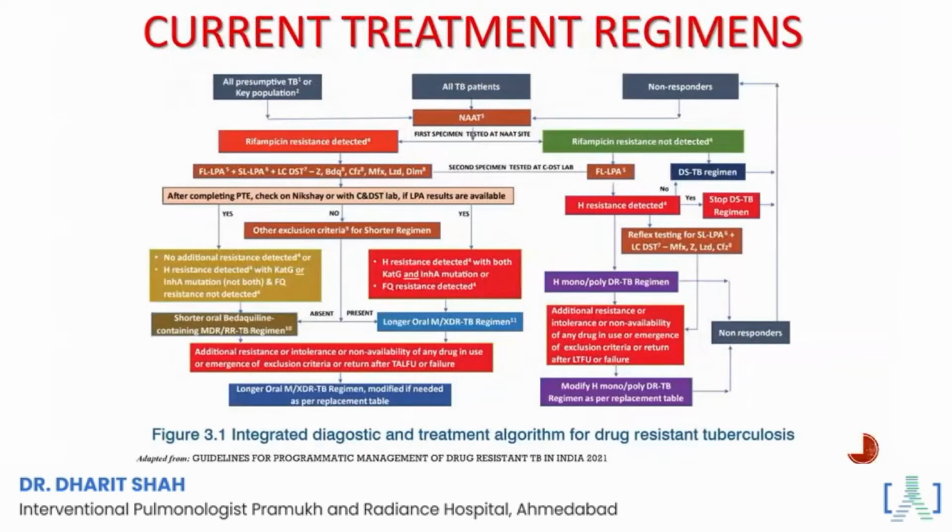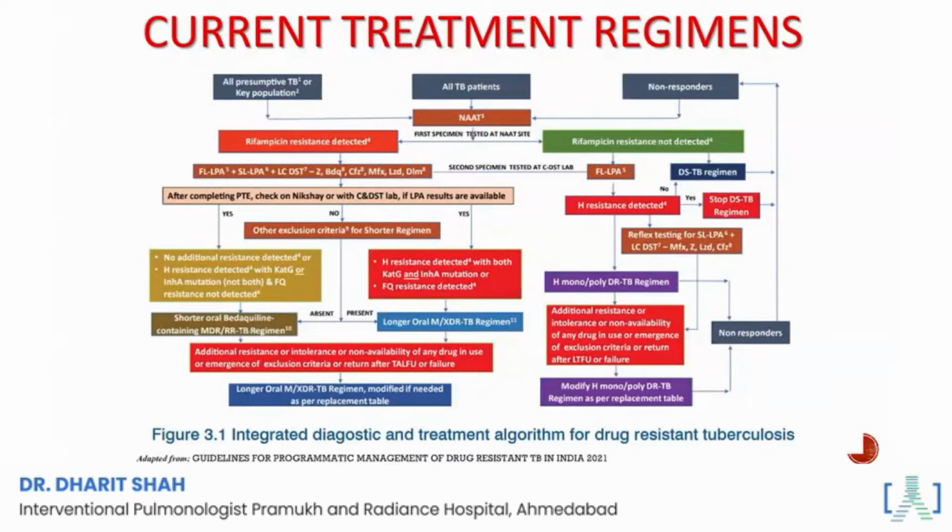So this is the current treatment regimen. You all know that if the patient's sputum is positive, and from CBNAAT, MTB is detected and rifampicin sensitive, we give the drug sensitive treatment to the patient. But for resistant tuberculosis, we have three different regimens.